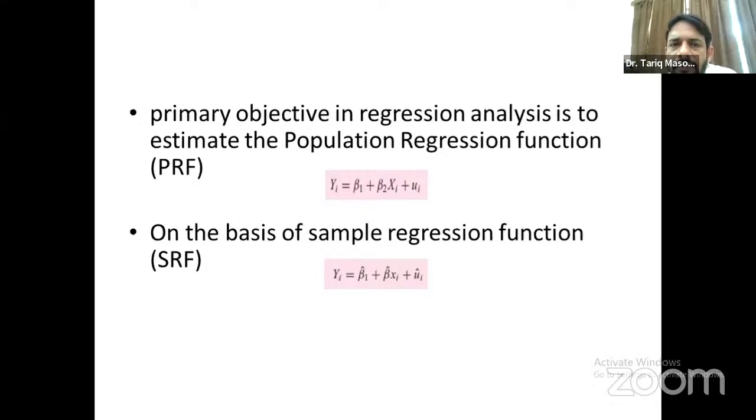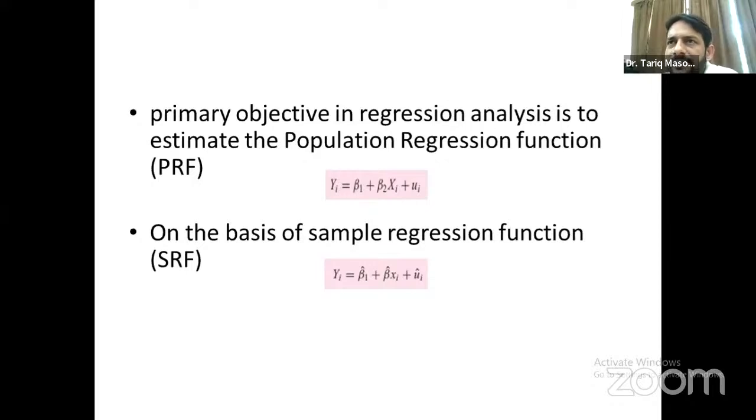Now this whole exercise is almost the same in statistics. Statistics as a discipline is basically about this: that there is an unknown parameter which belongs to the population, and we have a particular sample. We cannot cover the whole population.